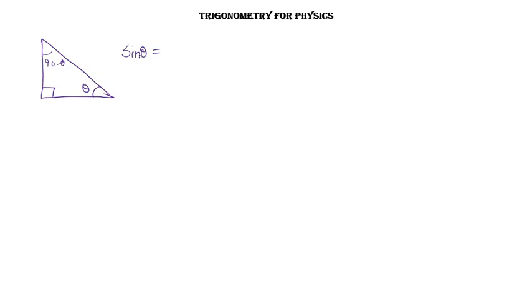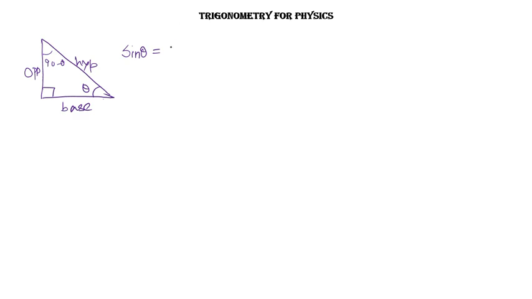I hope you know the very basics of trigonometry. I'll start from here, like sine theta. This side is the opposite of the angle, this is the base of the triangle, and this is the hypotenuse of the triangle.